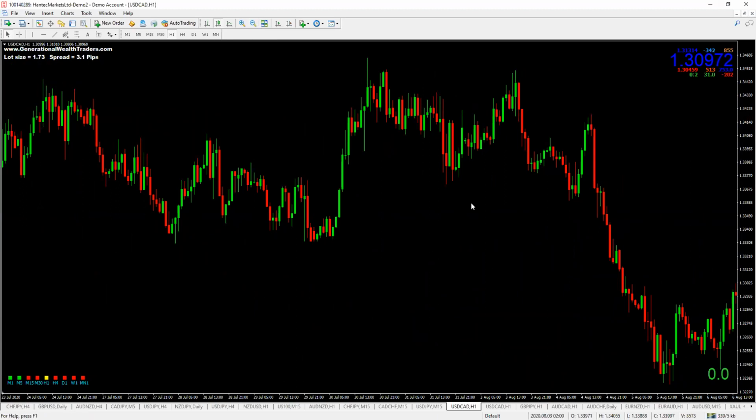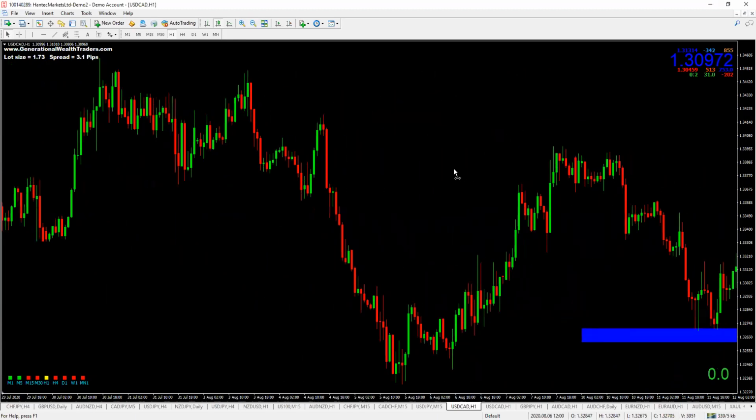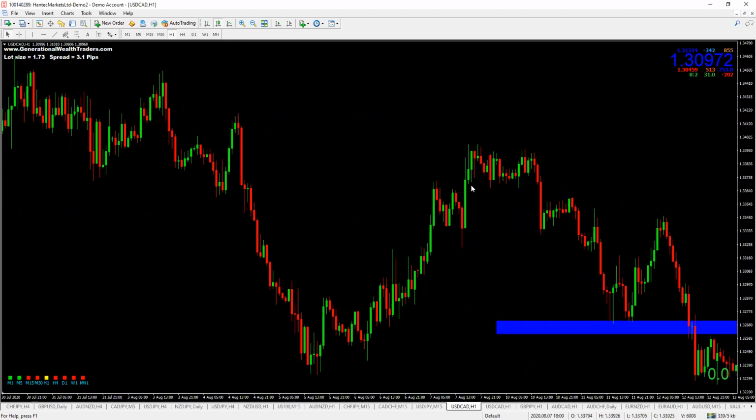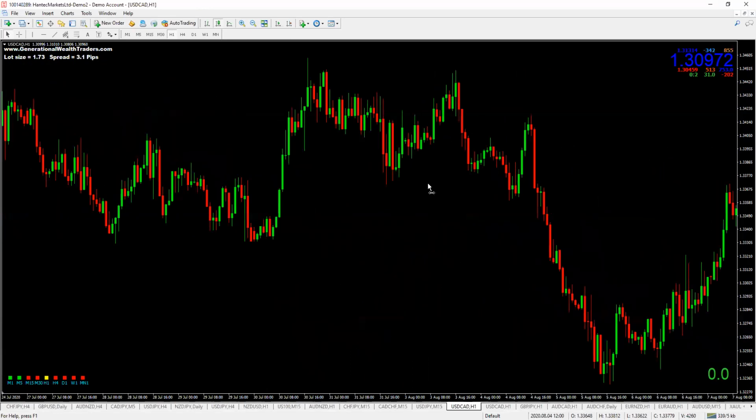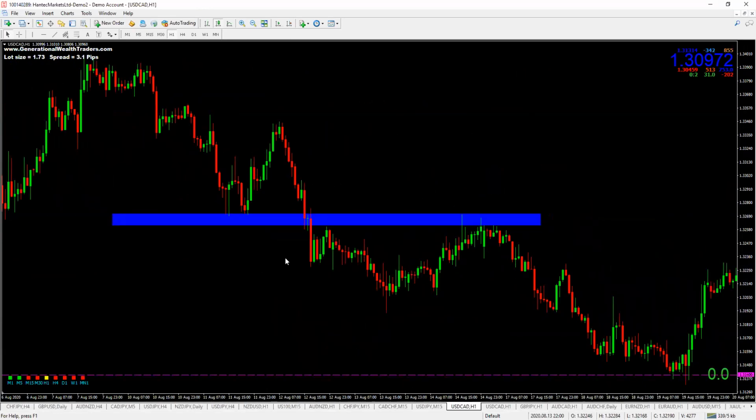Sometimes it could be a minor area of support and resistance. Other times it could be major. We're going to focus on the major areas today. The major areas of support and resistance stand out.